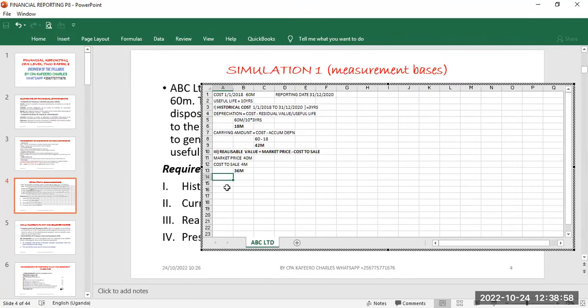Then we can go to our last one, Roman 4, which is talking about the present value.